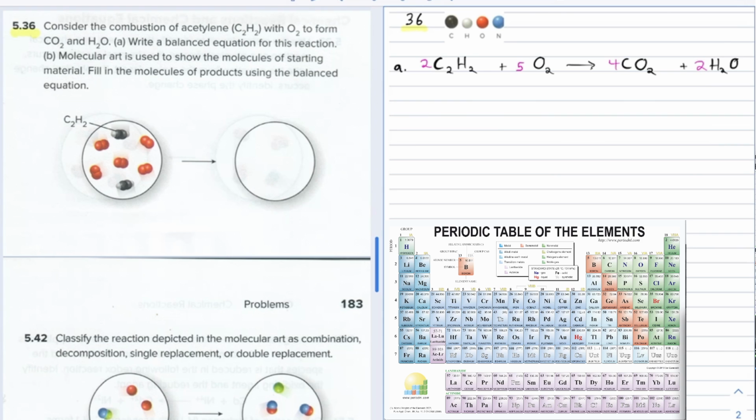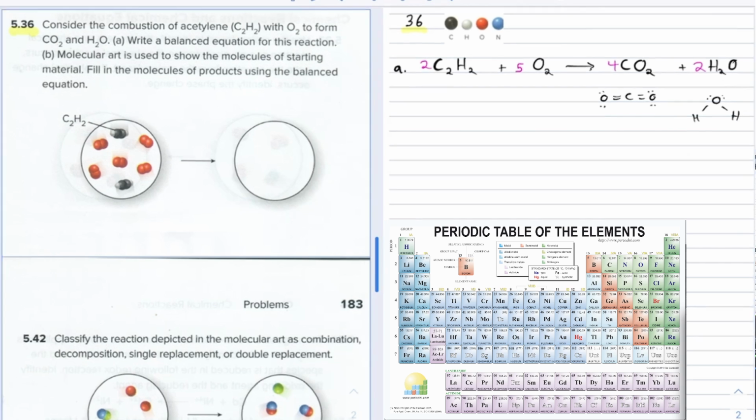So a CO2 molecule, you can say the Lewis structure looks like this. Might take you a little bit of work to figure out the Lewis structure. And here is the Lewis structure for H2O. So water molecules are bent.